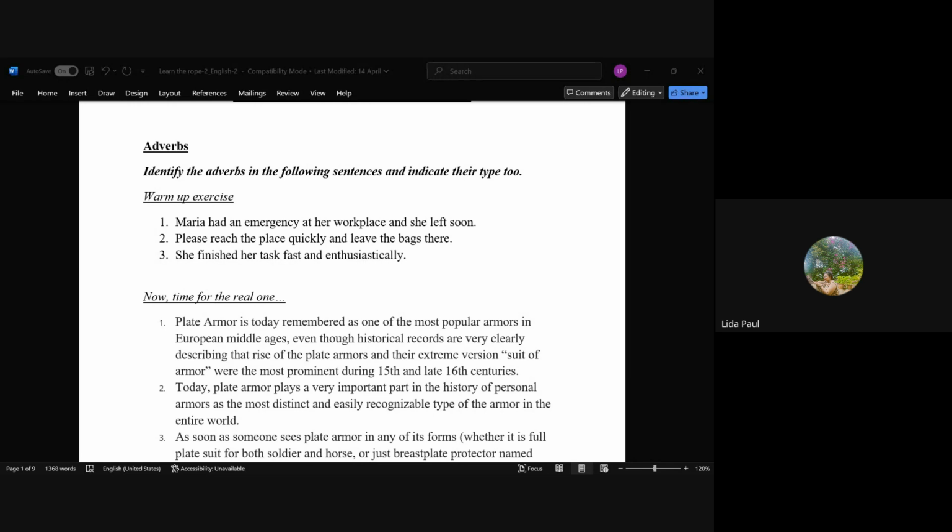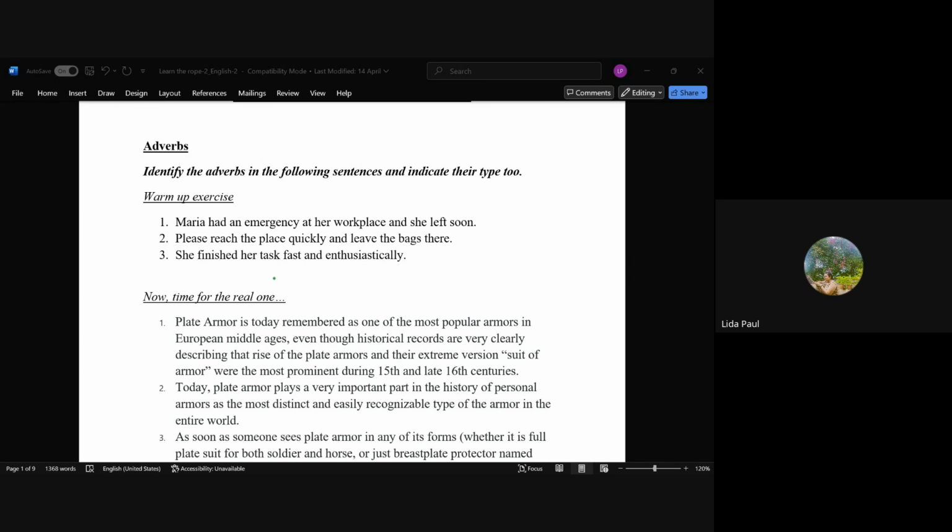Why is it taking so long for you to decide? Is that an adverb or not? Leave the bags there. Yes, it is. It's an adverb of place, right?